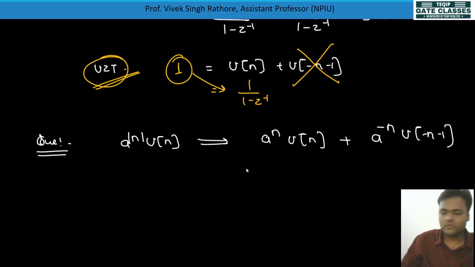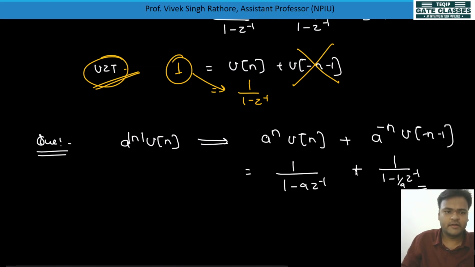So ultimately for bilateral, we can write 1 by 1 minus a Z inverse, and here we can write 1 by 1 minus 1 by a Z inverse, and a negative sign will come here.